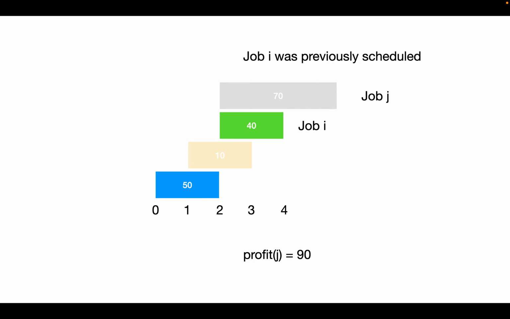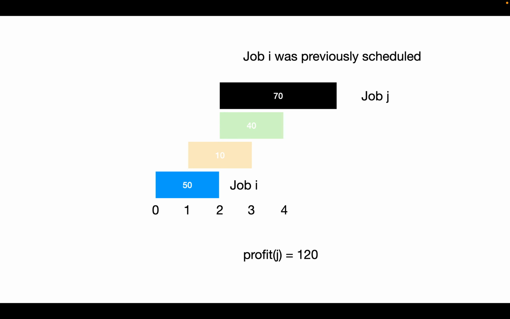And when the green job is job i, we see that it can't be combined with job j. It can be combined with the blue job, but that's not what we're going for here, right? We're comparing every job to the black job.